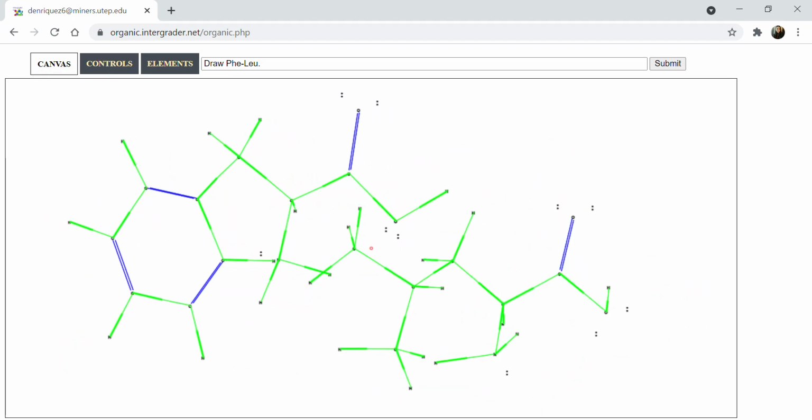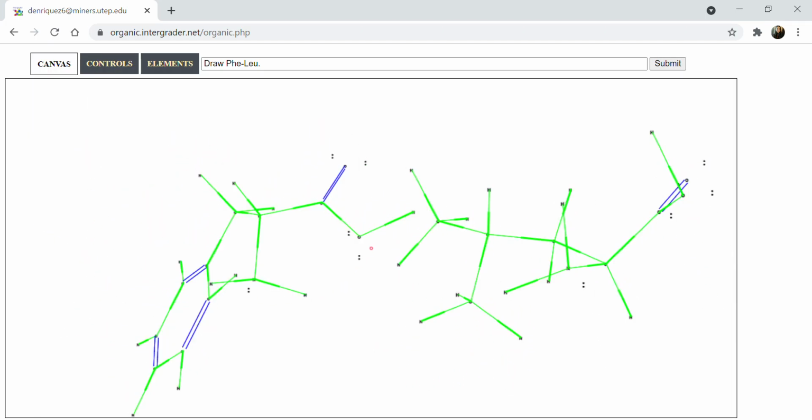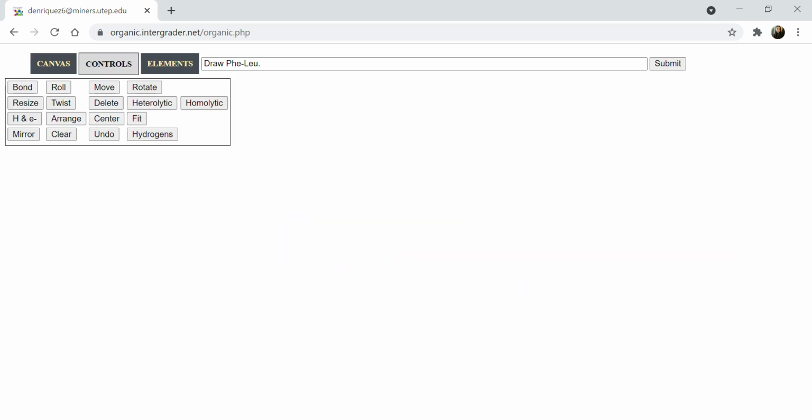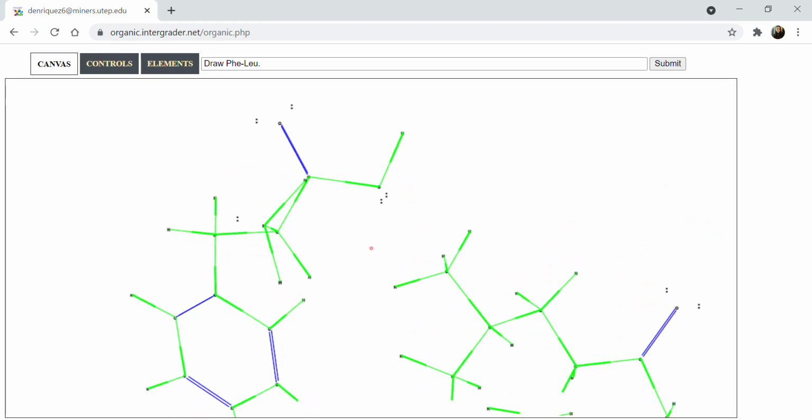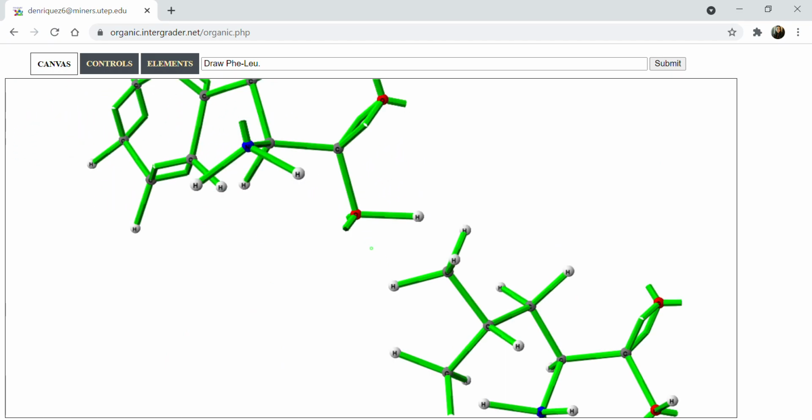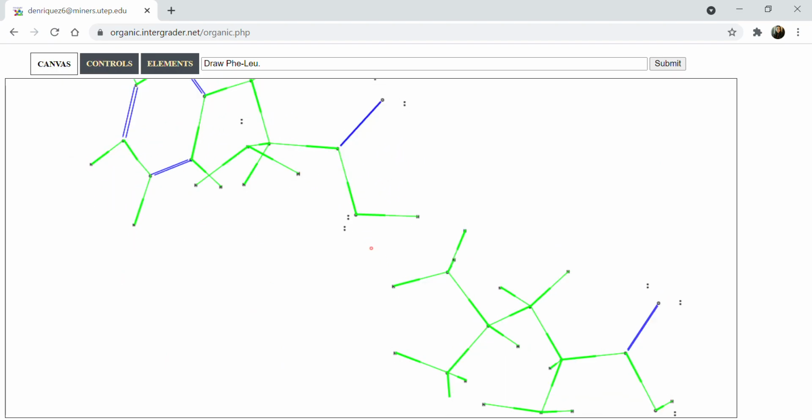Let me move this and move this. Roll it around, and I see that this is the wrong position for my nitrogen and hydrogen. Let's arrange. All right, that looks good. Let me turn this over and move it down a little bit.